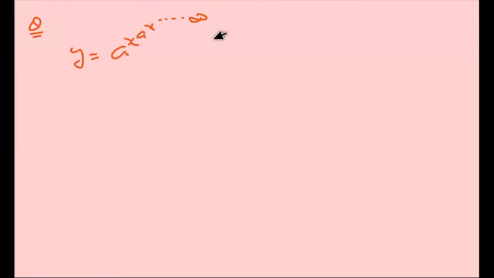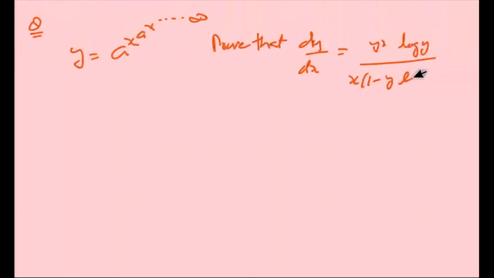Okay, prove that dy by dx equal to y square log y upon x (1 minus y log x) minus log y, into.